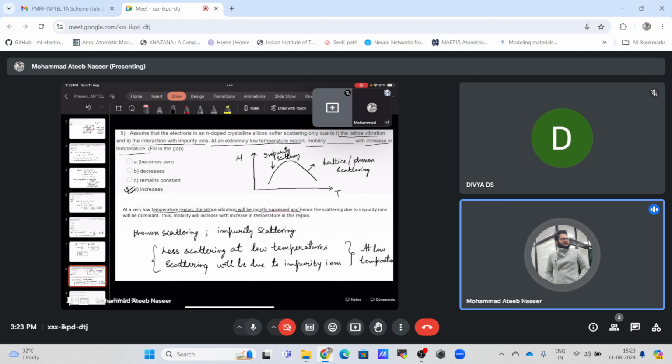So this is the consequence of the temperature on the mobility. What does it do with the mobility?